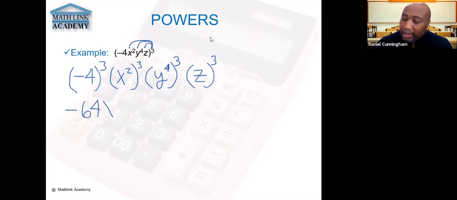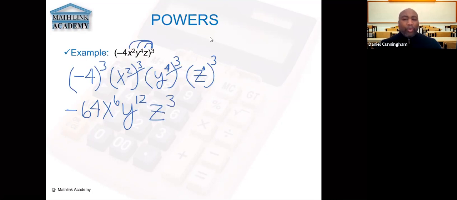So this would be x to the 2 times 3, x to the 6. Same thing here: y, and 4 times 3 is 12. And then there's an invisible 1, so z to the 1 times 3, which is 3.